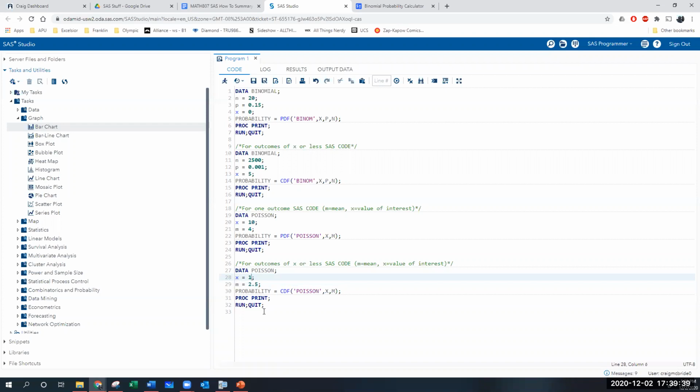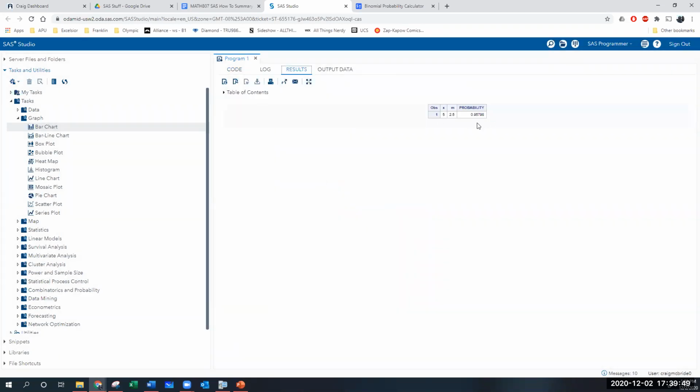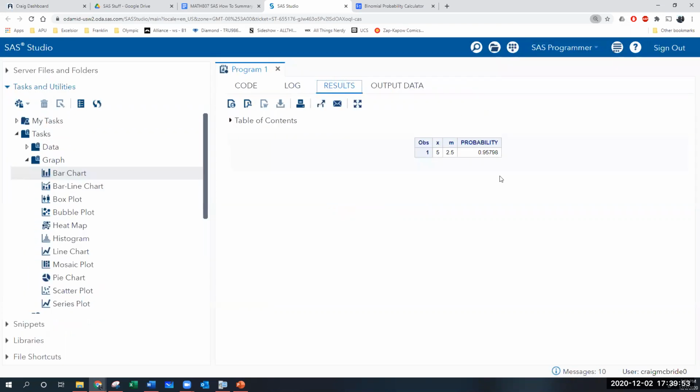So if we go up to 5 and then do 1 minus that, that'll give us the approximation. So if we run this one and then do 1 minus that, we can see that that number is really, really close to what the other one was. The two answers are almost identical. In fact, if you round to 3 decimal places, they are identical.